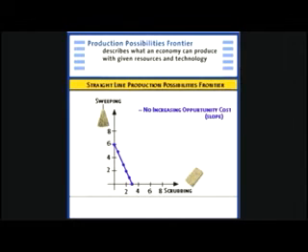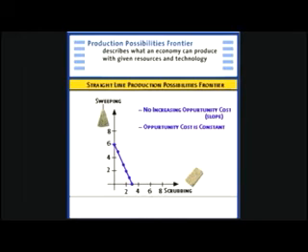Well, because Bernie's costs are constant in this way, because all of his time and talent is equally well suited for sweeping and scrubbing, Bernie's opportunity cost is constant: the constant opportunity cost of 1/2 of a scrubbed room for every room that you want to sweep, or 2 swept rooms for every room that you want to scrub. This constant opportunity cost gives us a straight line production possibilities frontier. So, quick summary. A bowed outward production possibilities frontier, a concave production possibilities frontier, is for a case where the technology has increasing opportunity cost.